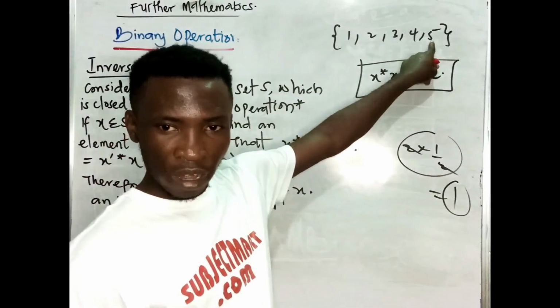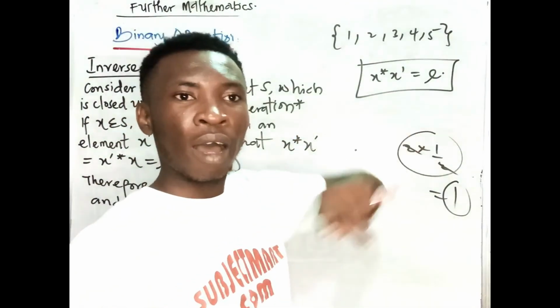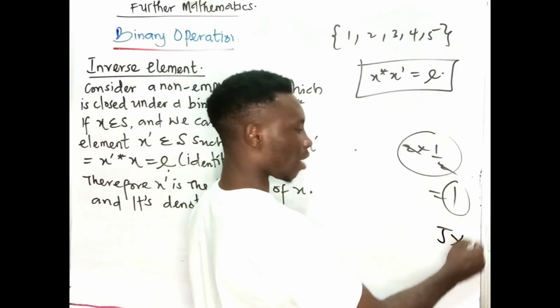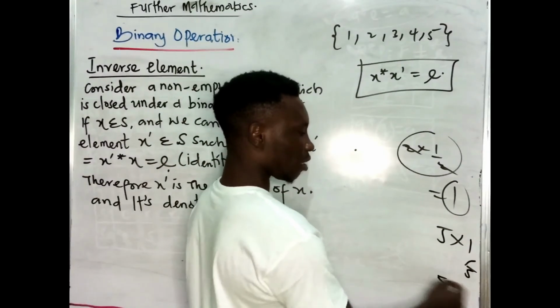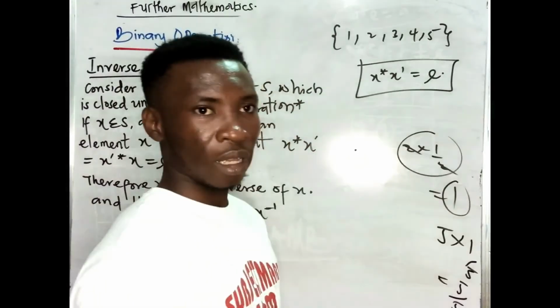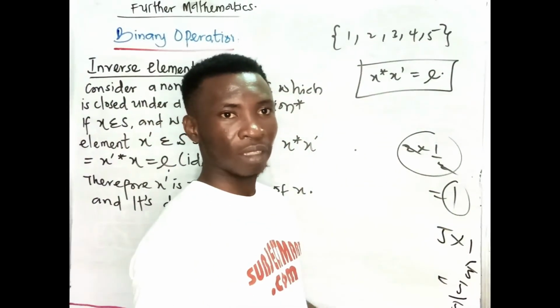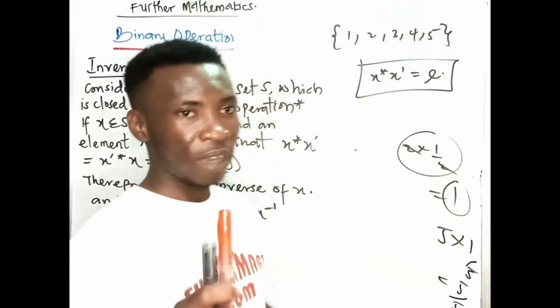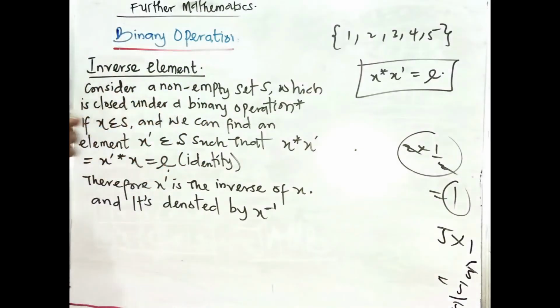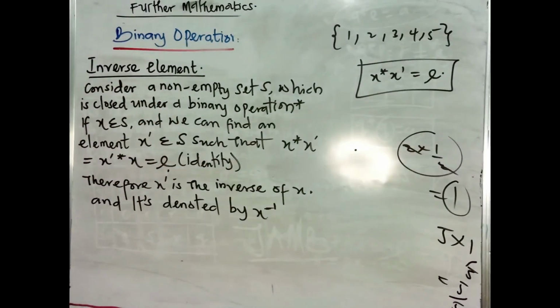So if I ask what is the inverse of 5 under multiplication? The inverse of 5 under multiplication is 1 over 5, so 5 times 1 over 5 is equal to 5 over 5, and that is equal to 1. That is where we have to be very careful, because that particular hurdle has to be paid close attention to.